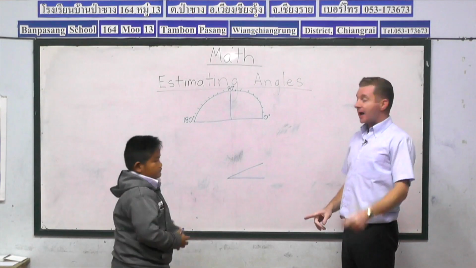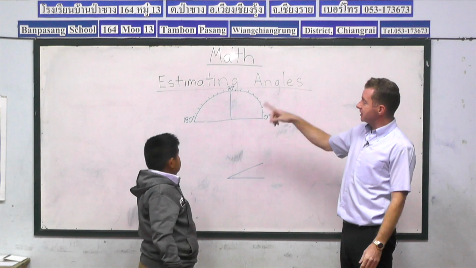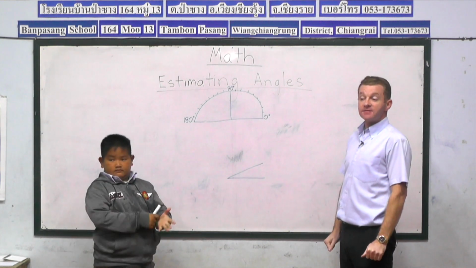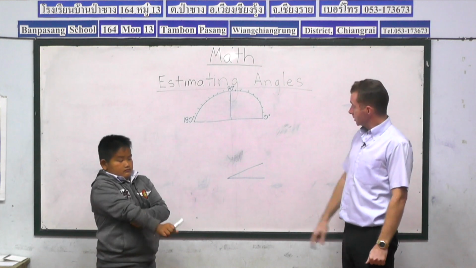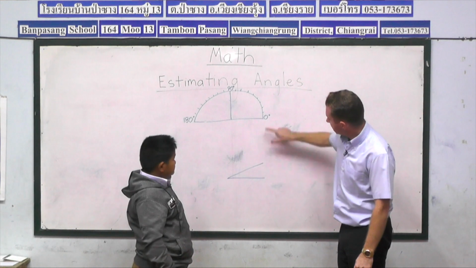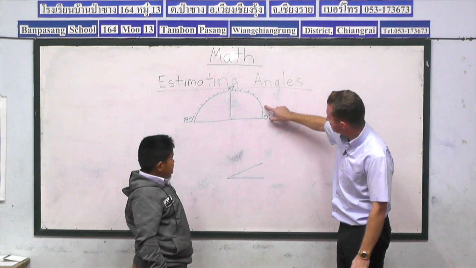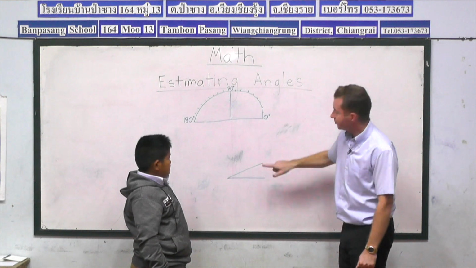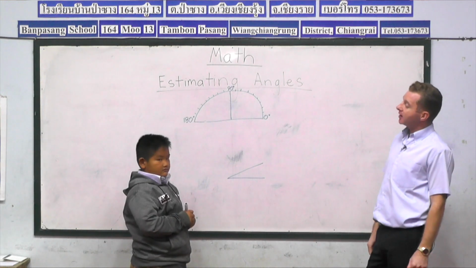So first of all, guys, more than 90 degrees or less than? Less than. So what type of angle is less than 90? Acute angle. So Net, here we would have 0. Then it would be 10, 20, 30, 40, 50. What do you think? How many degrees is our angle here?